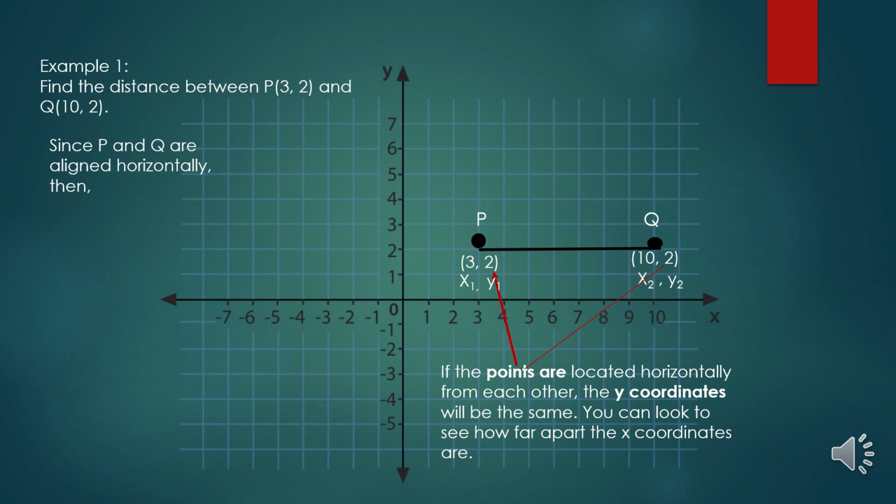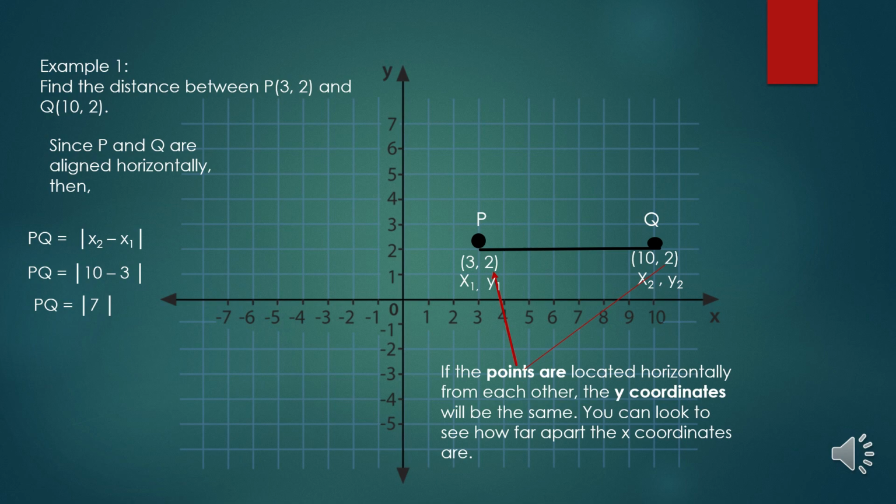Or using the formula, since points P and Q are aligned horizontally, the distance from P to Q is equal to the absolute value of the difference of their x coordinates. PQ is equal to the absolute value of x sub 2 minus x sub 1. Substituting, x sub 2 is 10 and x sub 1 is 3, so 10 minus 3 is the absolute value of positive 7.